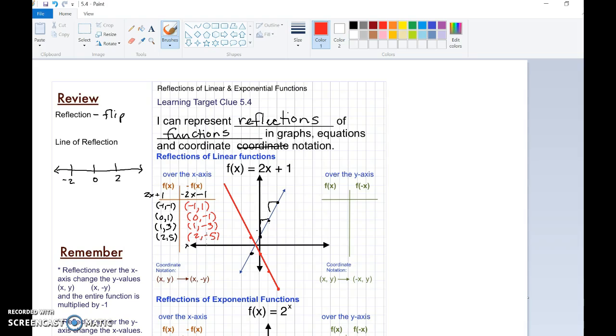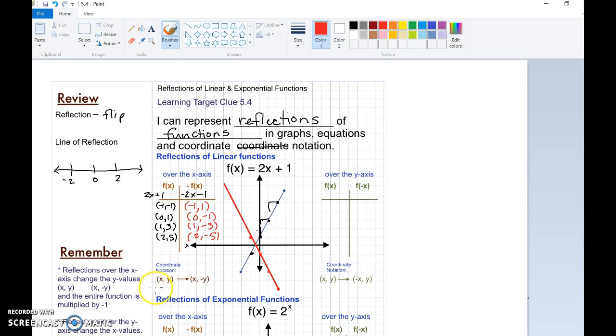So this is important to notice, and it's really easy to see when you actually just do the flipping, but I want you to notice that in the coordinates, when we did the reflection, our x, y translated to x stayed the same, but the y became the opposite. It became a negative y.